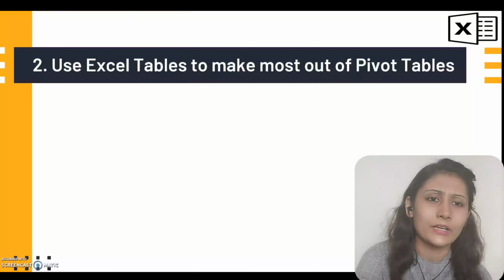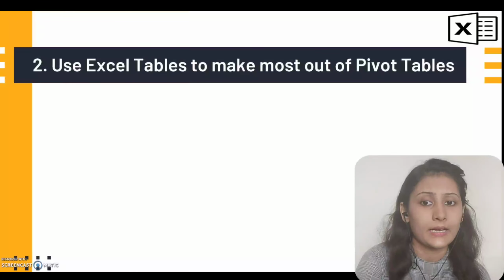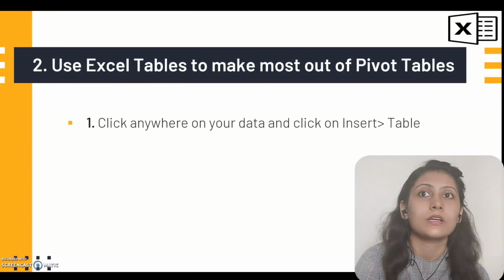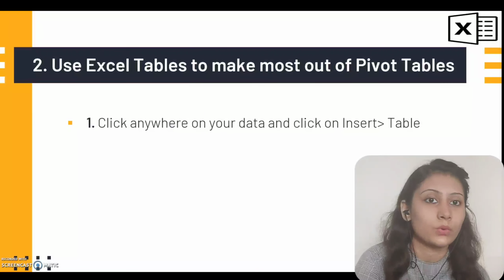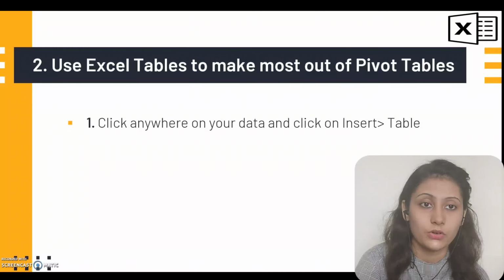Okay, so what kind of error can it create? For example, if you are creating a pivot table and then you have inserted some rows, inserted some columns, deleted a row, what will happen? You forgot to refresh, or you have to change the whole range.